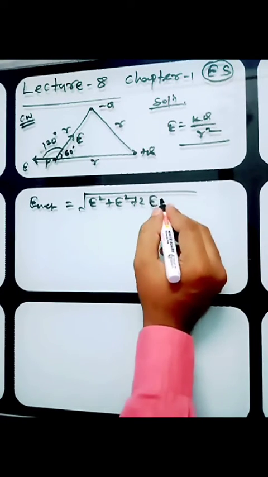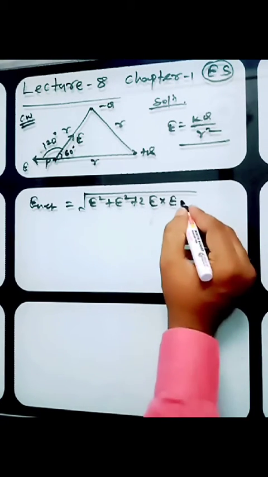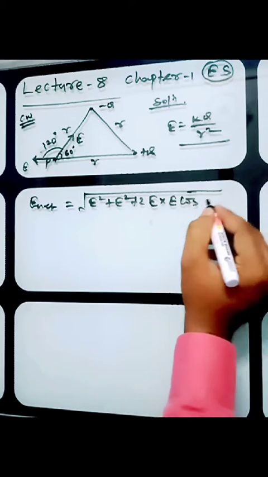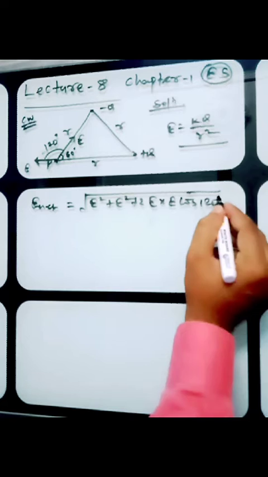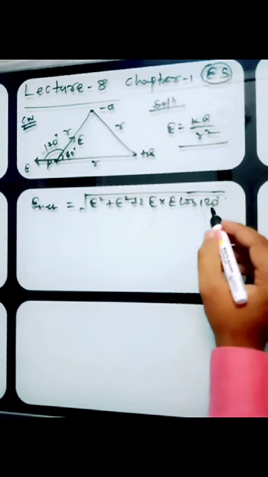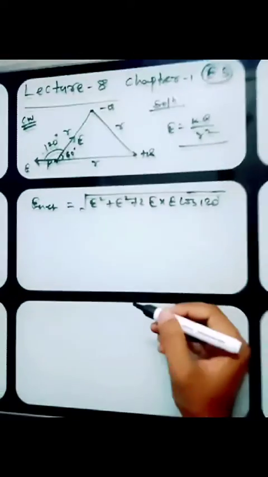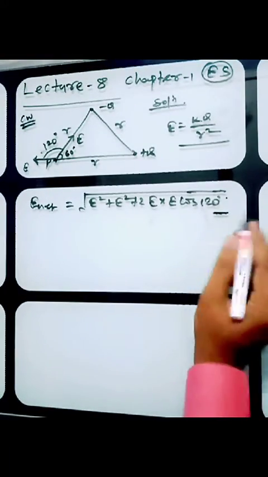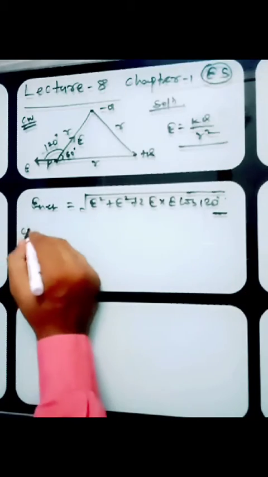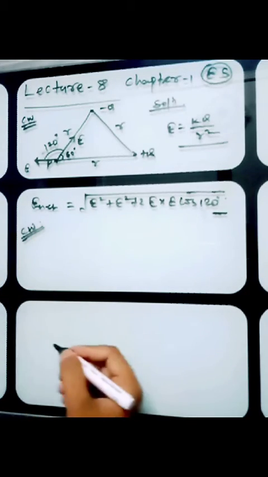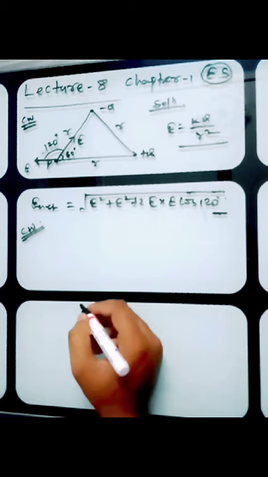Here both the electric fields are E, and theta is 120 degree. Now students, you can find the value by putting this E. Since it was a hint, I have solved up to a great extent. The next question, try to solve by yourself. I'll not give a hint anymore.